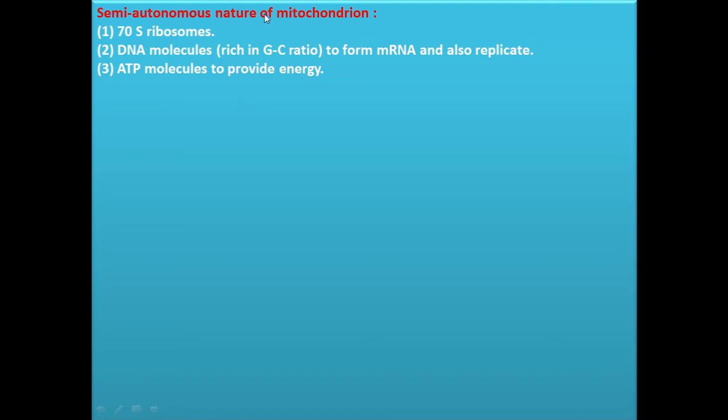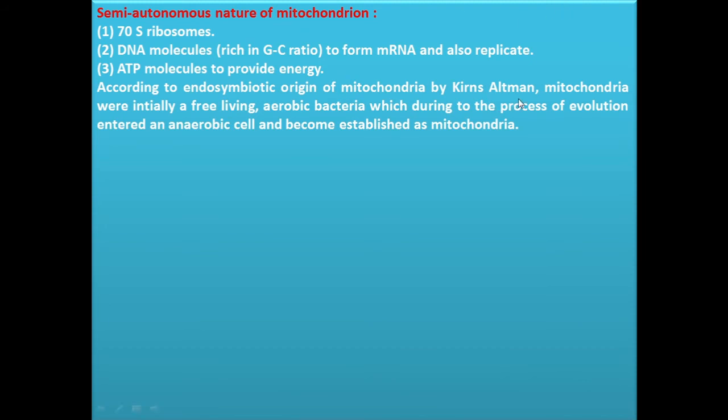There is one theory given by Altman. What is this theory? This is endosymbiotic origin. Endo means inside and symbiotic means two things living together and helping each other. Inside symbiosis. So how can this be explained?